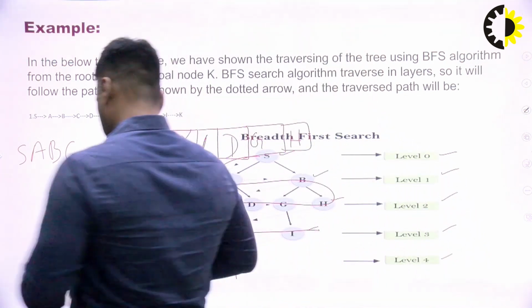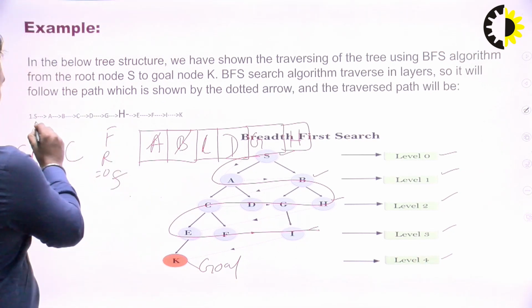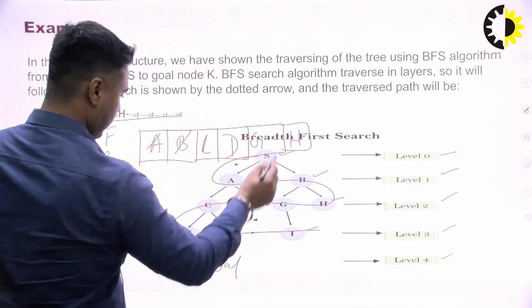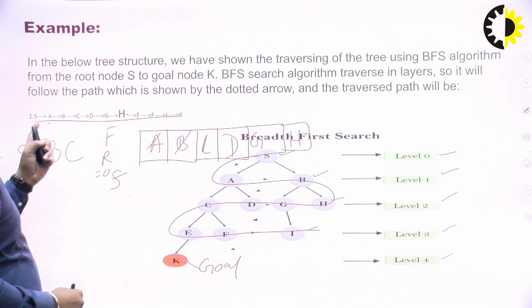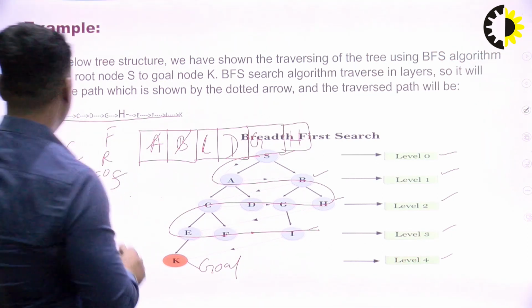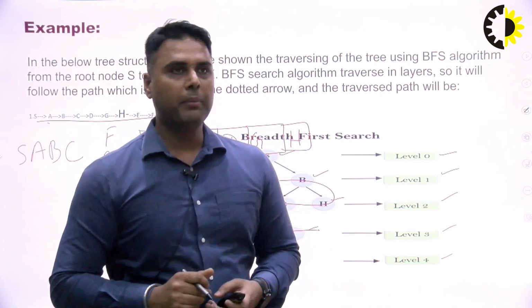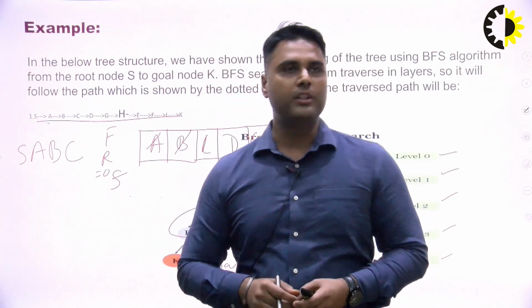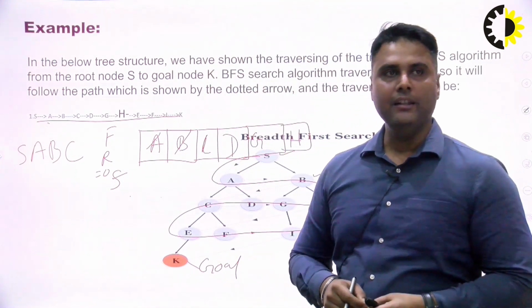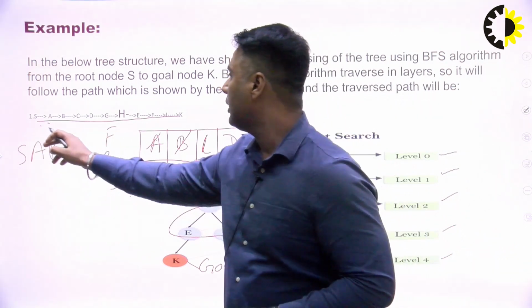Okay, next. The final state is mentioned here. Some states are there in this problem. First A to S to A to B, and B to C, C to D, D to G, H, E, F, I, K. These are the total nodes covered here.